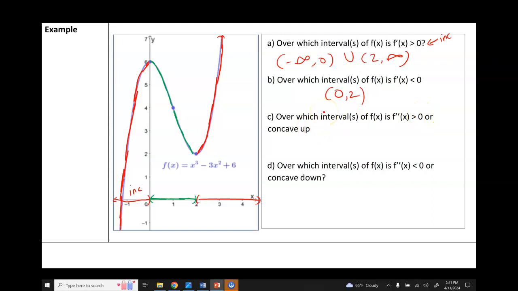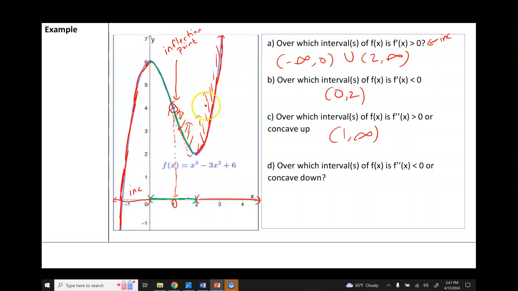Now concave up, remember, it's making a U shape. In other words, where are we facing up? So we're facing up over here in this area. And the point of inflection is going to be this point, which is 1. That's the point of inflection. So from 1 to infinity, it's going to be concave up.